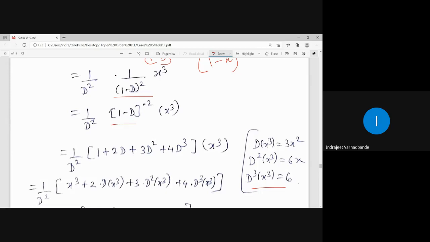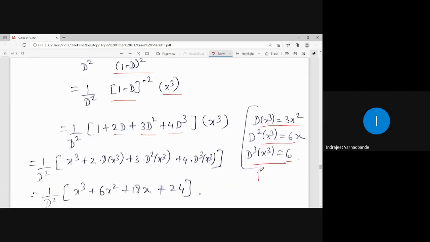So 1 upon d square to be multiplied by (1 minus d) to the power minus 2, to be operated on x cube. The expansion for (1 minus d) to the power minus 2 is 1 plus 2d plus 3d square plus 4d cube. d of x cube is 3x square, d square of x cube is 6x, d cube of x cube is 6.